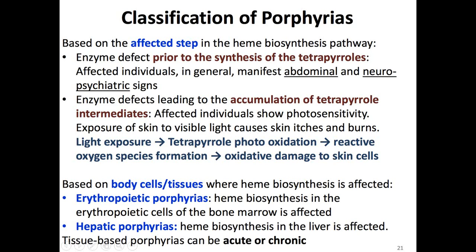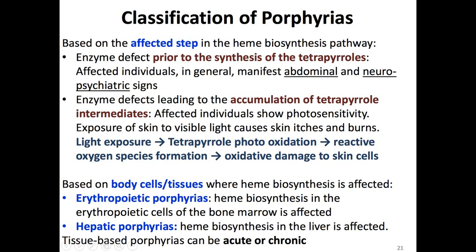Enzyme defects leading to accumulation of tetrapyrrole intermediates usually present with photosensitivity, and exposure of skin to sun rays causes severe itching and burning of the skin. Light exposure causes tetrapyrrole photooxidation, reactive oxygen species formation, and thus oxidative damage to the skin cells.